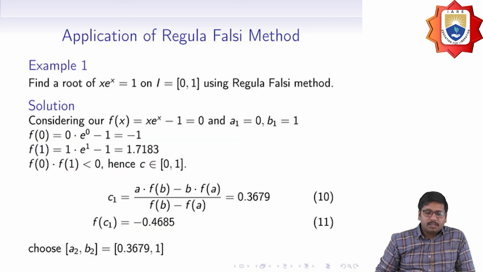So let us consider an example. Find the root of this equation, x into e power x equal to 1, with a, b equal to 0, 1, using the Regula Falsi method.